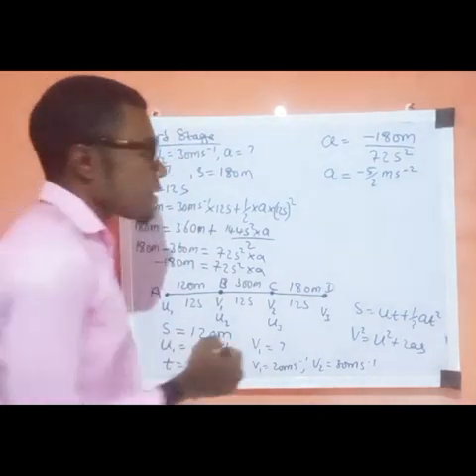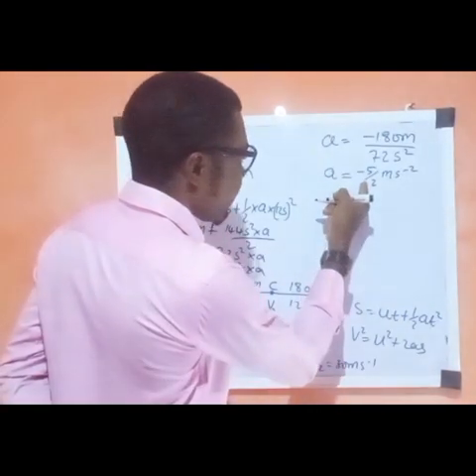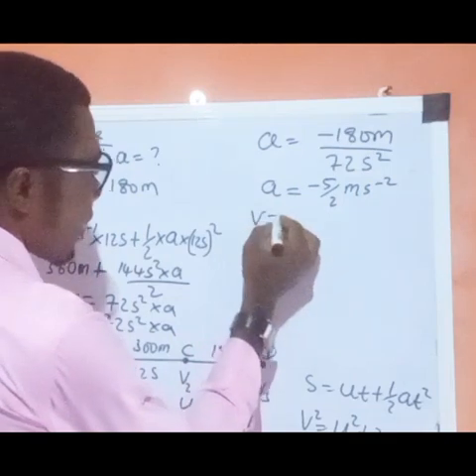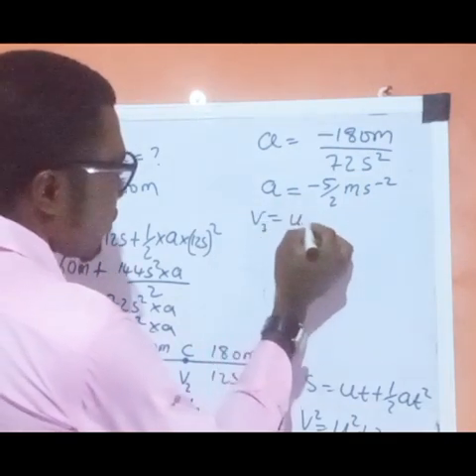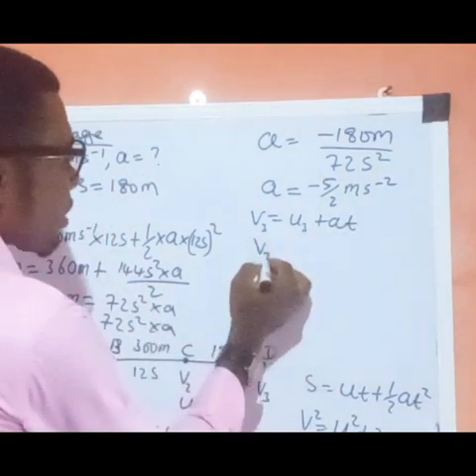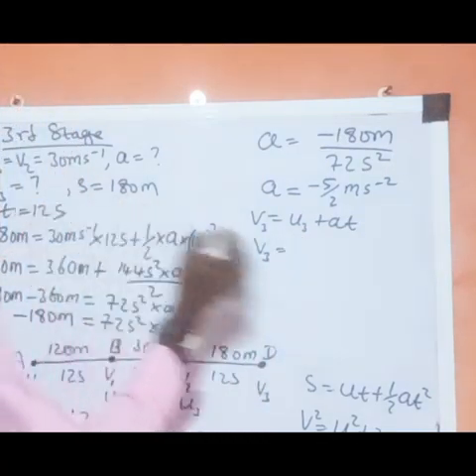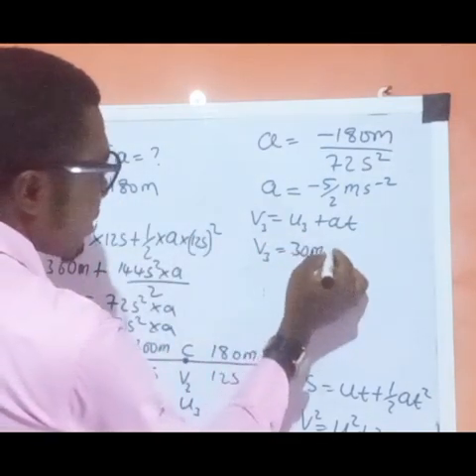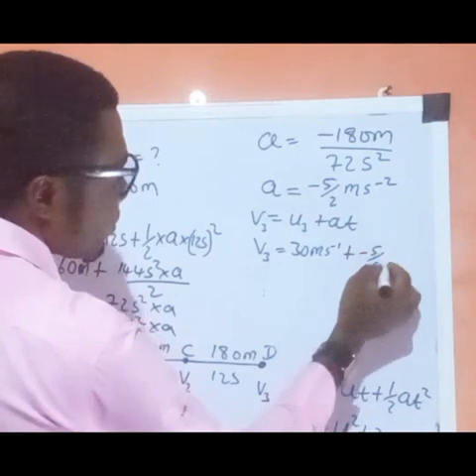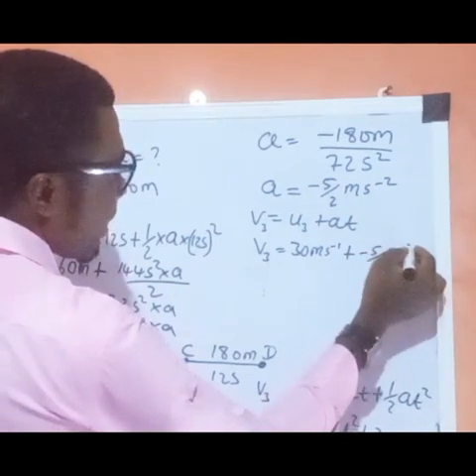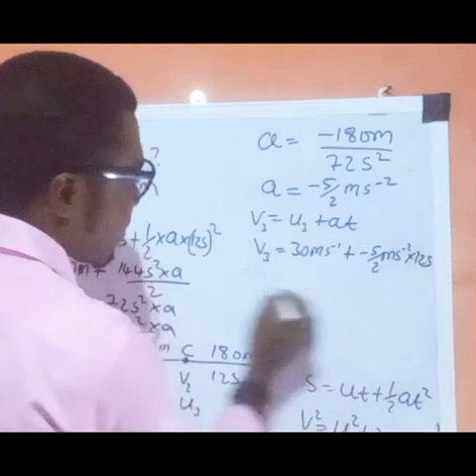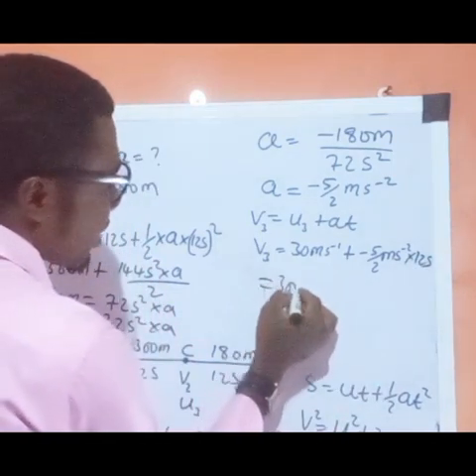Can we see that? Remember, I leave it as a fraction because that's not the final answer. So we are going to use equation 1, v3 equals u3 plus at. Our v3 is equal to the initial velocity, 30 meters per second, plus the acceleration, minus 5 over 2 meters per second squared, times the time, that is 12 seconds.